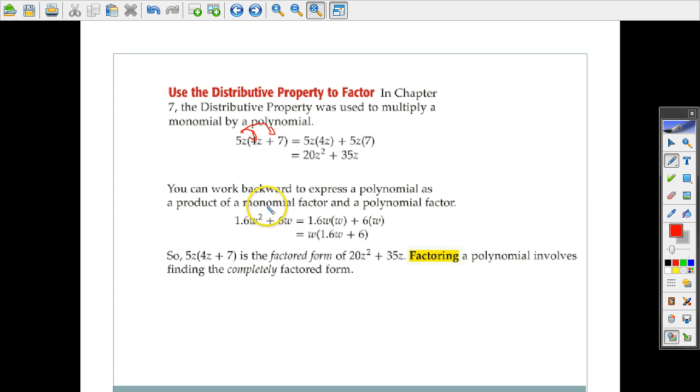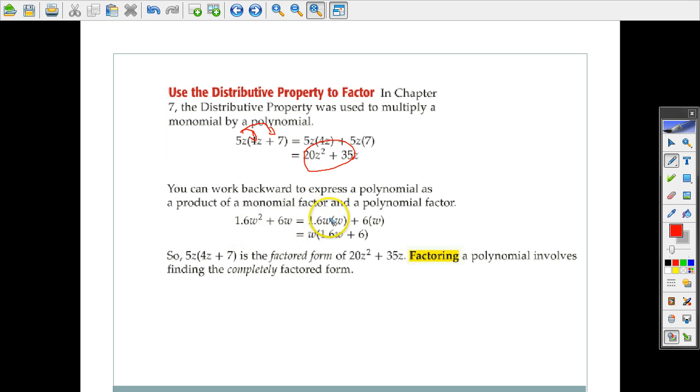So in this chapter, we're going to use the distributive property, but it's really using it backwards. So instead of going this way, we're going to start here and factor out the 5z so that we can have it in parentheses. So here you have 1.6w squared plus 6w.